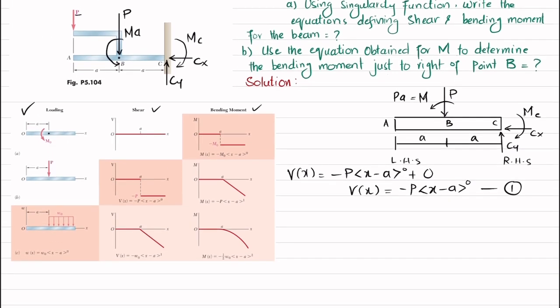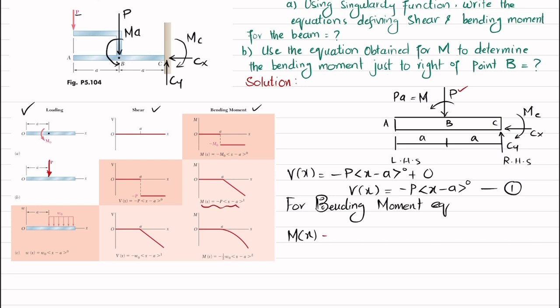Now moving to the bending moment equation. I will write M of x. Again, for a load of P acting downward, the bending moment equation is this one.